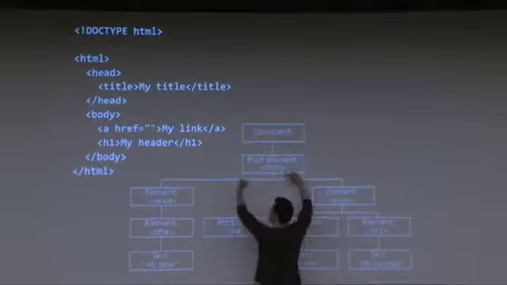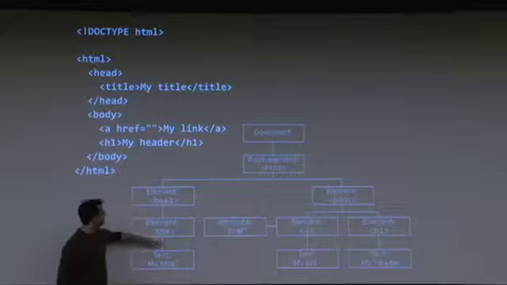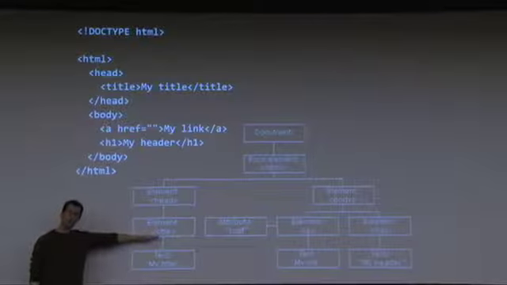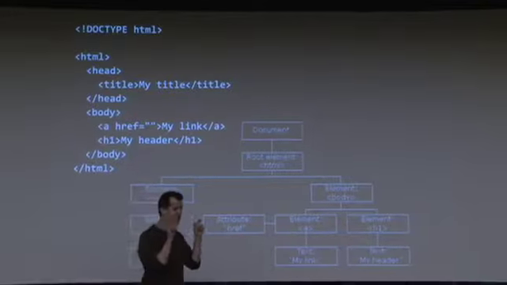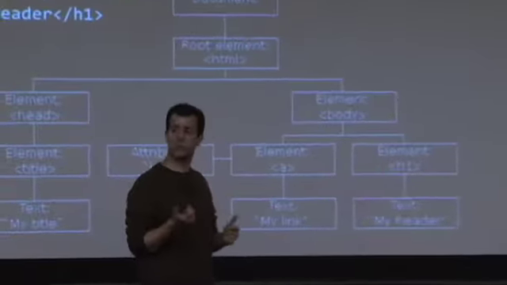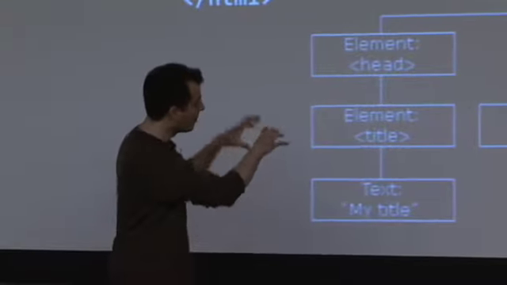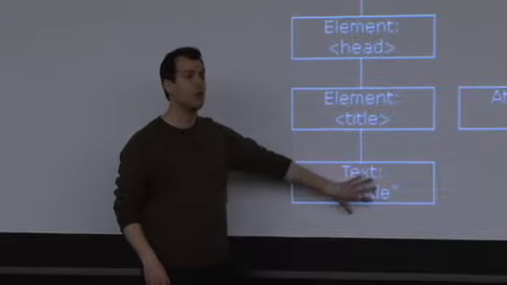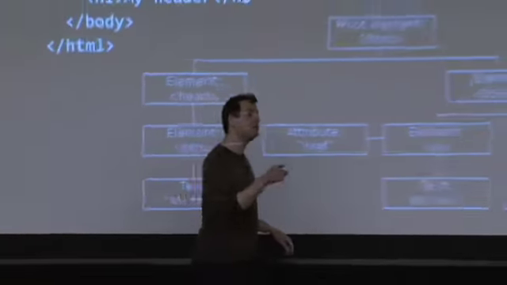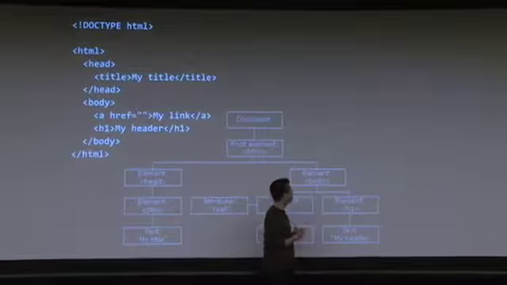That HTML element has two children, so to speak, head and body. The head tag, in turn, has a title element, but it doesn't quite stop there. Even though you don't see any more tags inside of the title, the text in between the open title and closed title tag is itself another node, so to speak, another box in this picture. And so it's what's generally called a text node, but it's part of this tree, part of the DOM, and we'll see in JavaScript, part of the data structure we can manipulate programmatically.